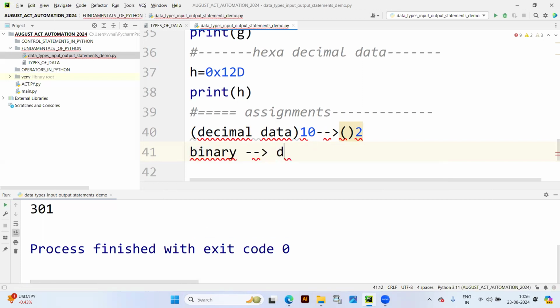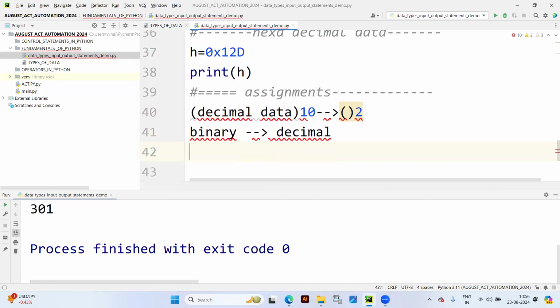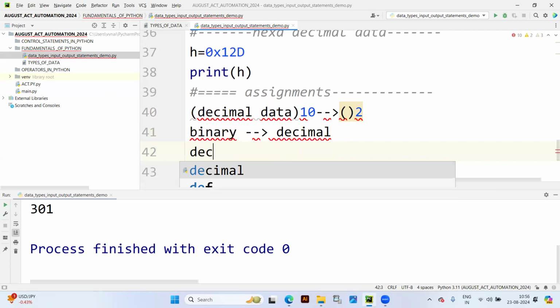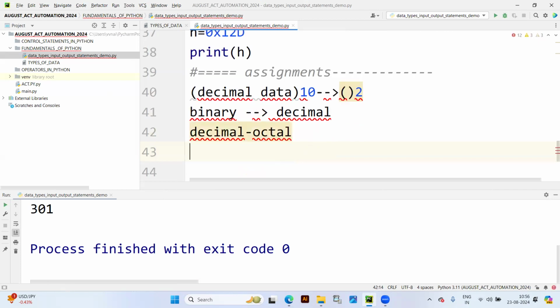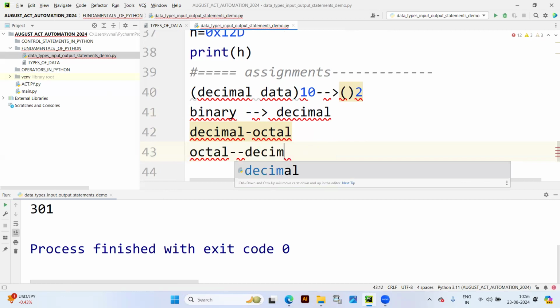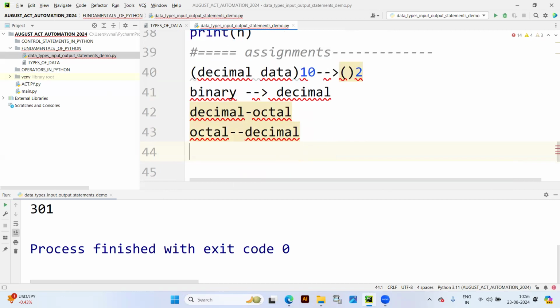Binary to decimal. Next, decimal to octal, octal to decimal. Clear?